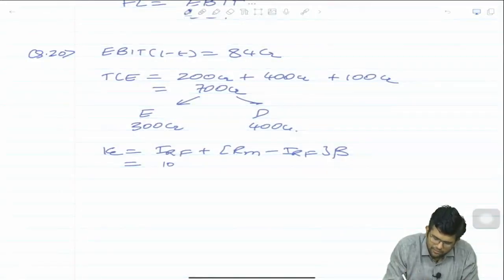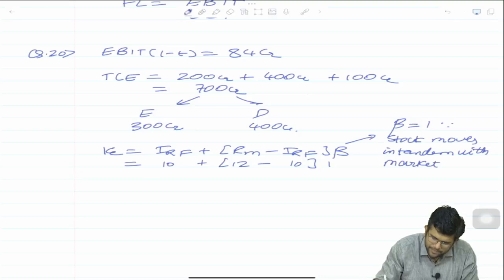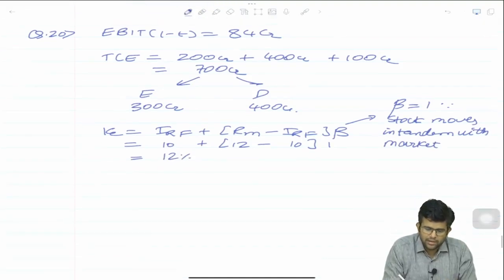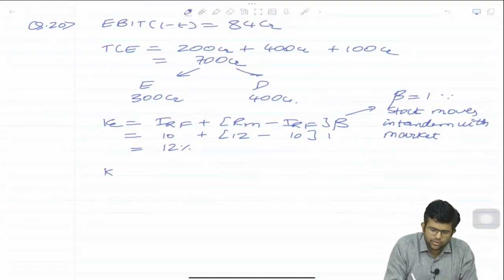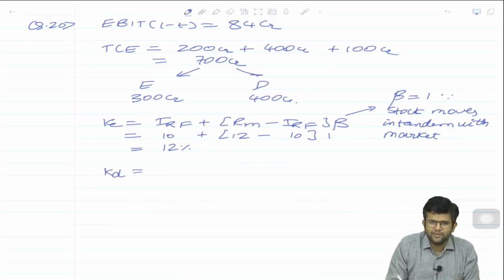So 10 plus 12 minus 10 into 1, where beta is 1 since the stock moves in tandem with the market. The KE therefore comes to 12%. Everybody clear? Now students, KE done. Now the only thing left is KD. Search the question. Do you have any information on KD?